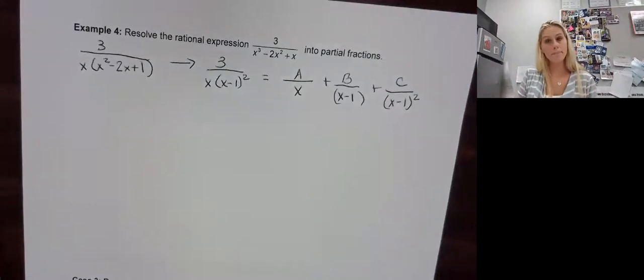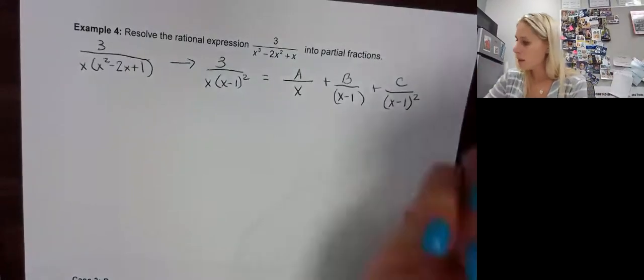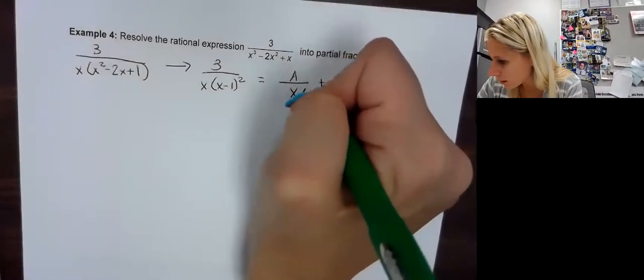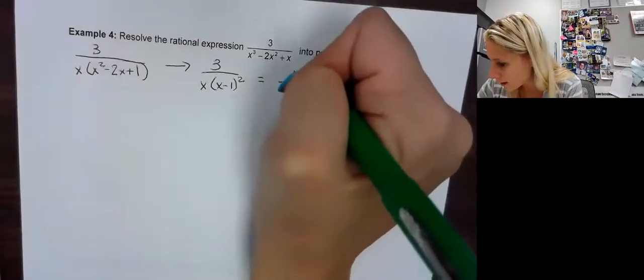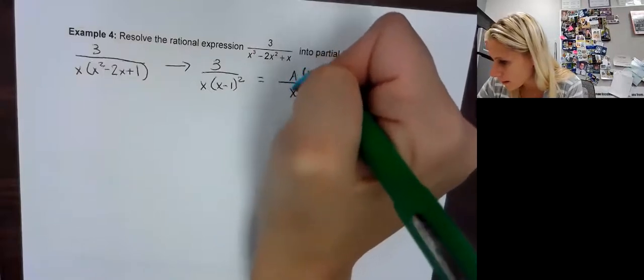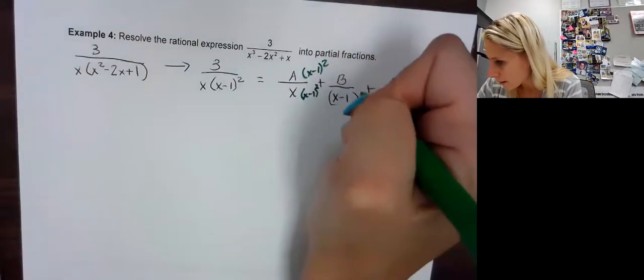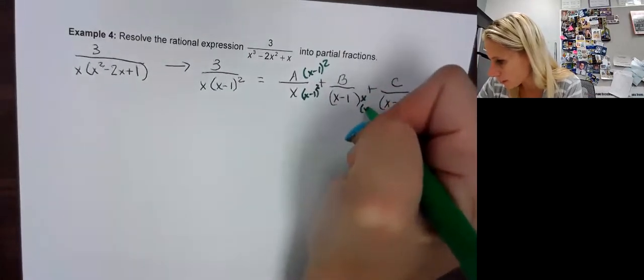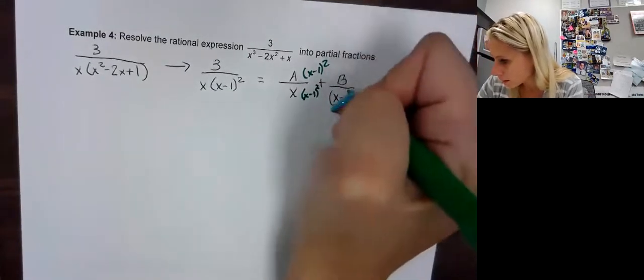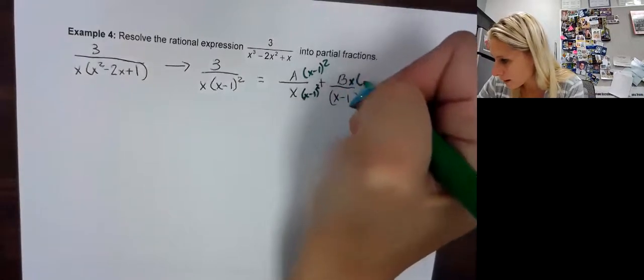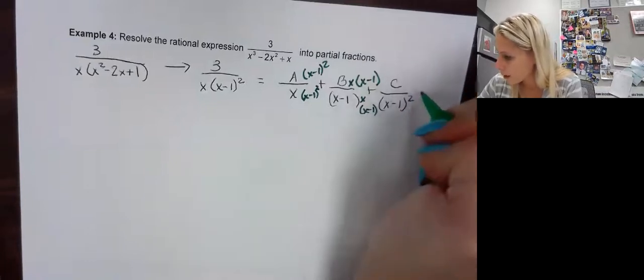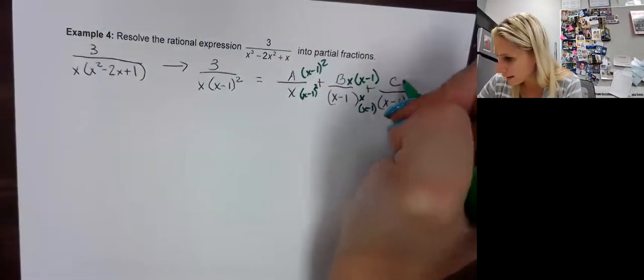Next step, common denominator. So here we're missing an x minus 1 squared. This we're missing an x and an x minus 1. So x minus 1. And here we're just missing an x.